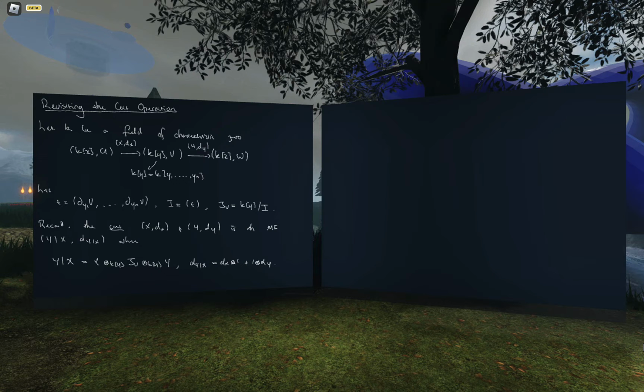And the way we're going to do that is to produce an explicit strong deformation retract, so we know all the maps involved, of the following form.